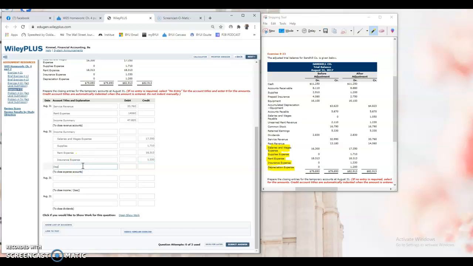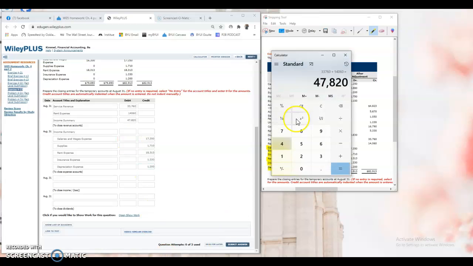And then the depreciation expense, 1,200. So we're just gonna add those expenses and then put it in the income summary under debit. So 17,350 plus 1,710 plus 18,313 plus 1,330 plus 1,200. So that will be equivalent to 39,903.